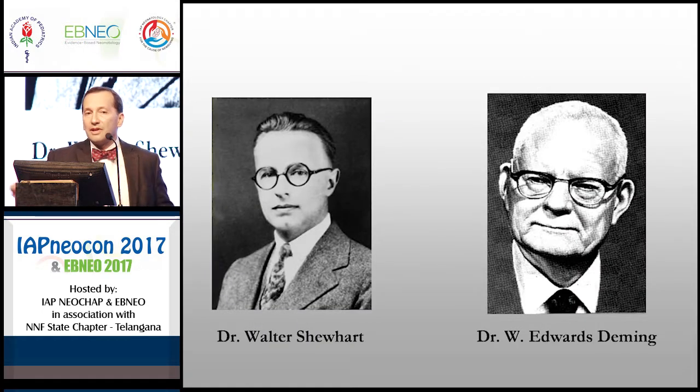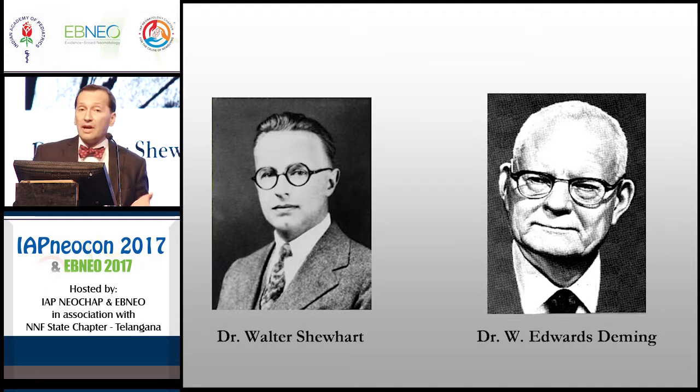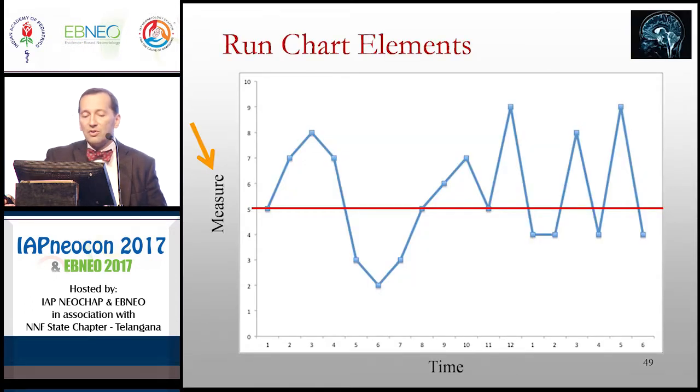This was an area that was really developed at its basic level, and then marketed over many decades, initially by Dr. Walter Shewhart, and then later by one of the founders of improvement science, Edward Deming, who I'm sure many of you know about. And the basics is conceptually quite simple. It's the idea that we take some measure.